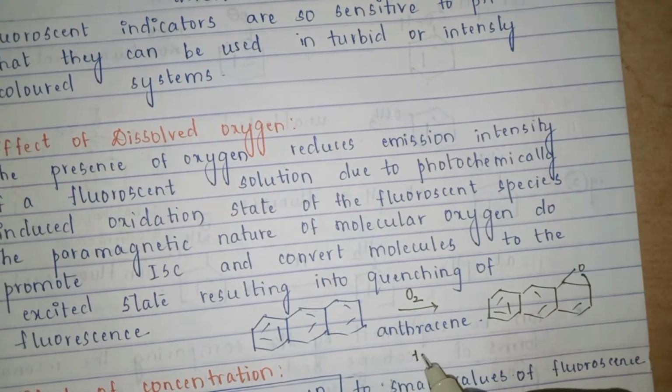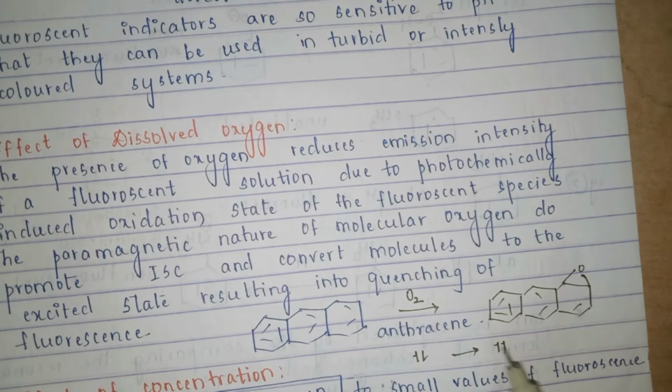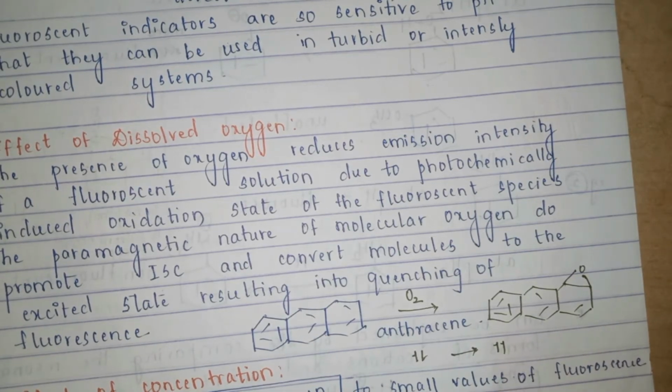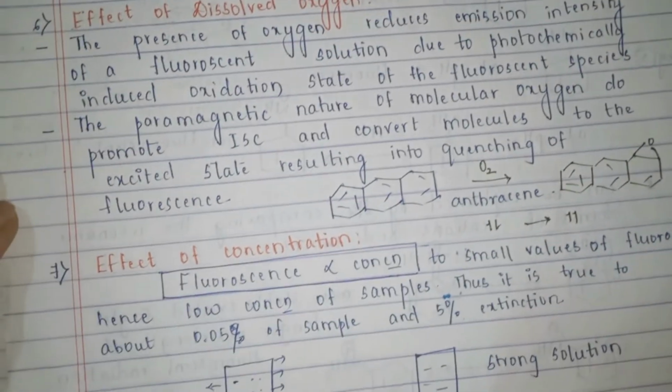What is the meaning of intersystem crossing? From a singlet state, it gets converted to a triplet state. From a triplet state, whether it is going to give me a phosphorescence phenomena is a completely different story, which is dependent on the solvents and on the molecule that we are trying to record.